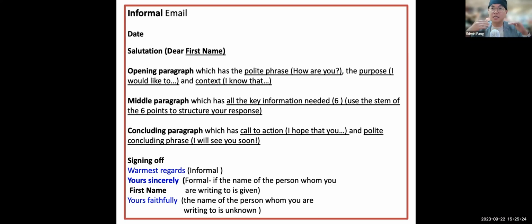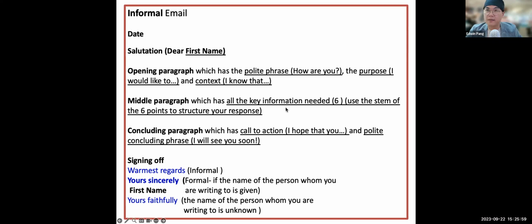But if it's formal, if it's really very formal and the tone is very strict, then it has to be I am writing to. Can you commit this to memory, everybody? So from now on, anytime you're writing a formal email, I am writing to. Anytime you're writing an informal email, I would like to. Do you all understand? It's just a simple point about remembering, okay? So I would like to, and then any additional contextual information you can add after that.